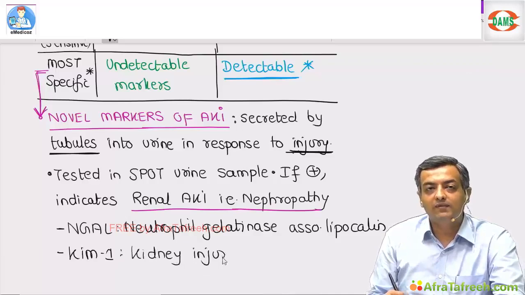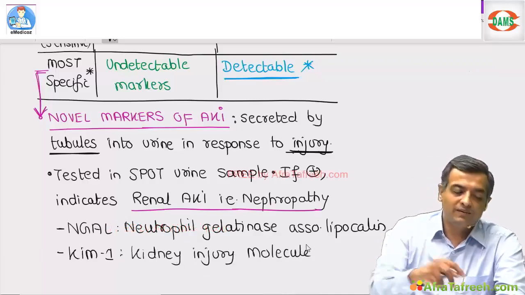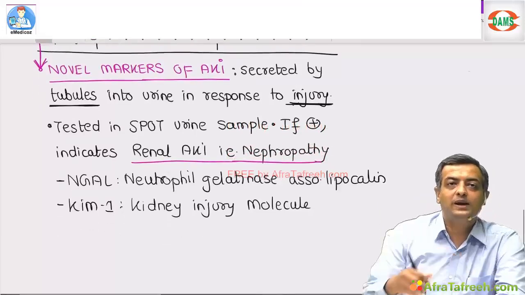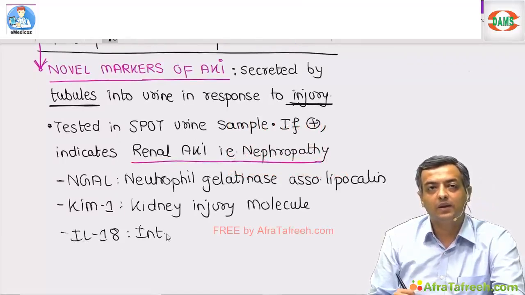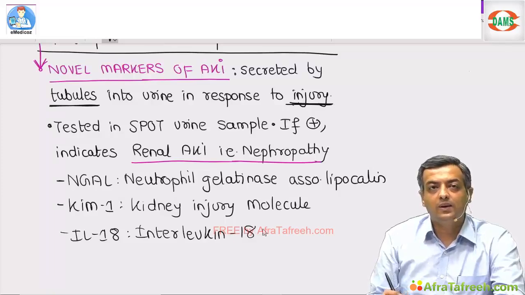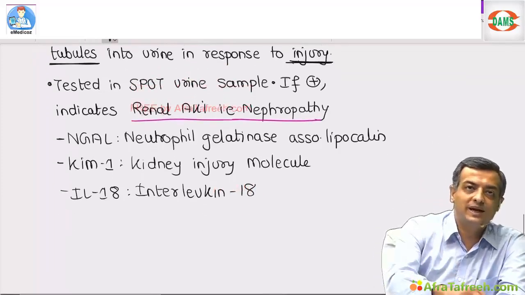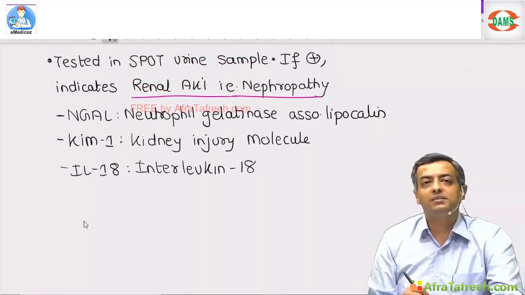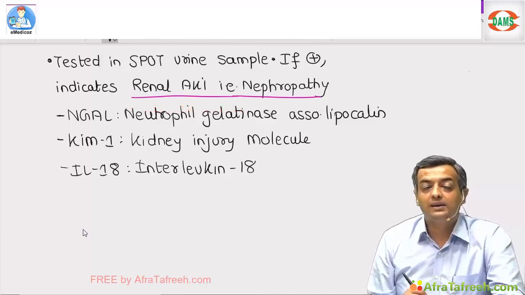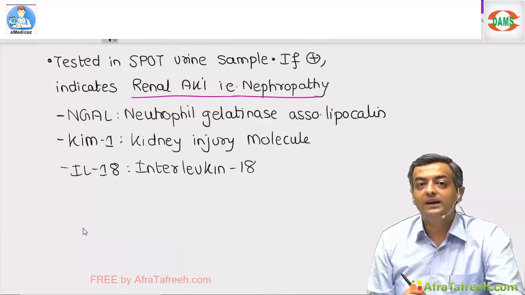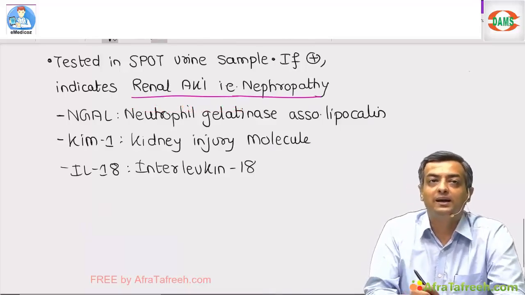We have interleukin 18. All these markers can be checked in a spot urine sample. If they are present, they are diagnostic of renal AKI.